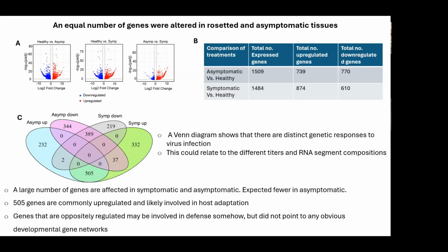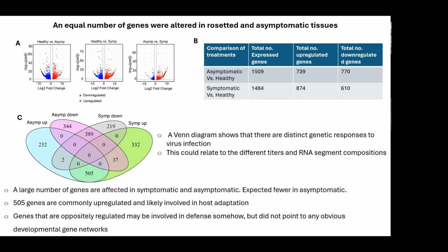We then compared the differentially expressed genes in symptomatic to asymptomatic, and the number of genes upregulated in symptomatic was higher. As you can see in panel B, we tried to identify these genes, which are represented in this volcano plot.